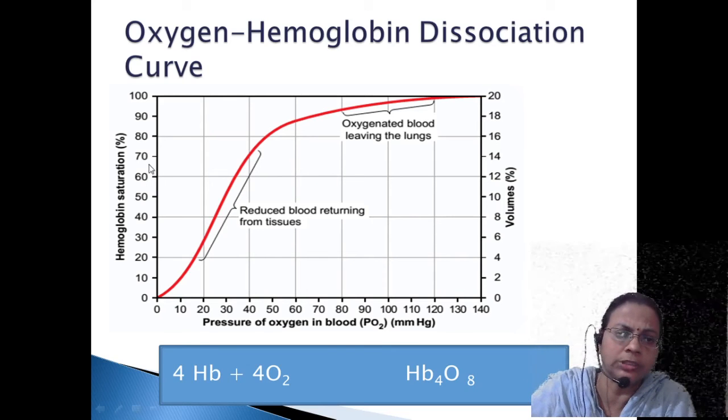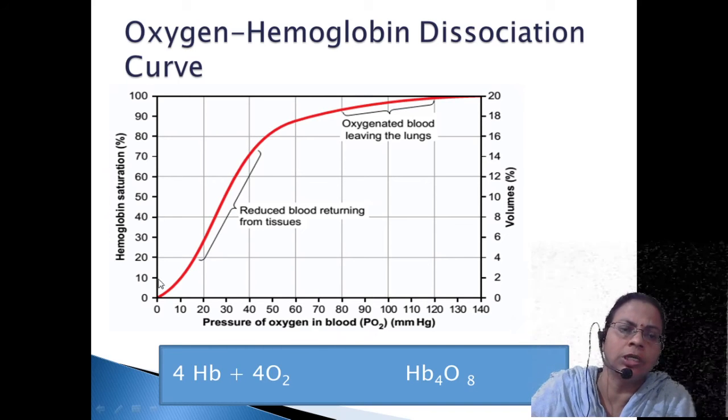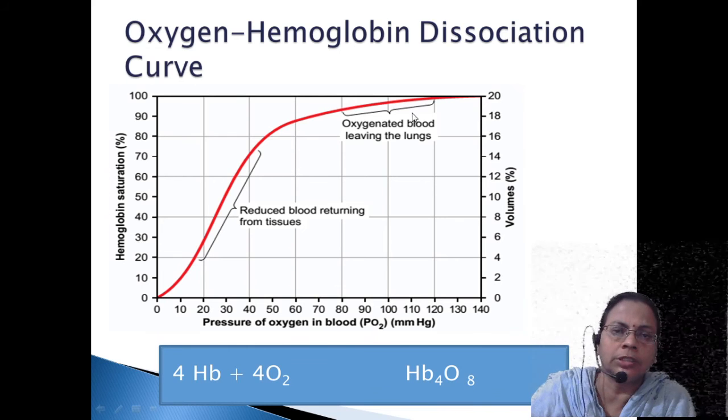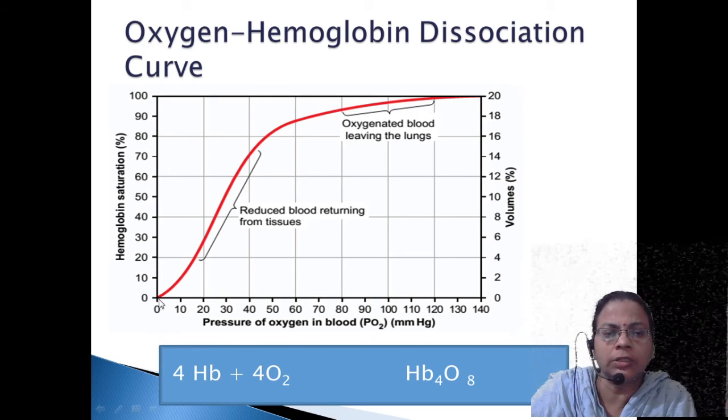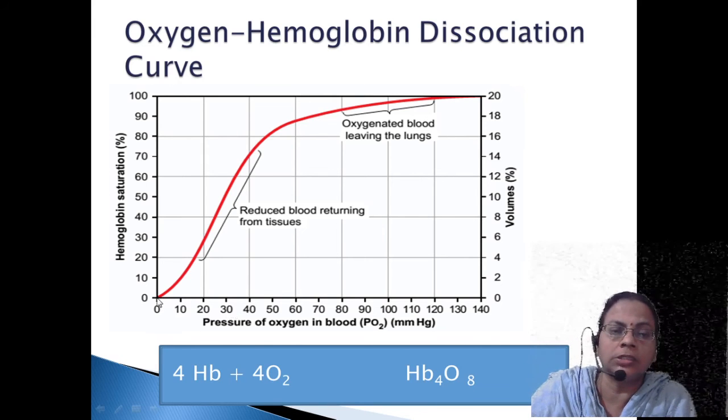When you plot the saturation of hemoglobin against the partial pressure of oxygen, you will get a sigmoid curve. In the lower region, we can see the partial pressure of oxygen is less. Whenever the partial pressure of oxygen is less, what will be the result?